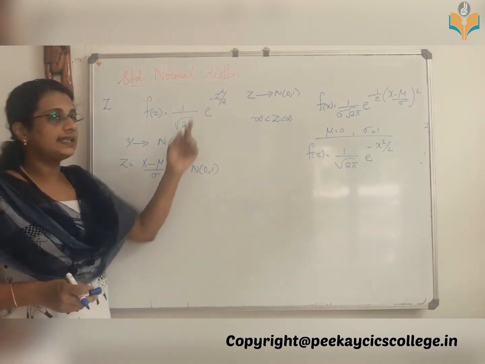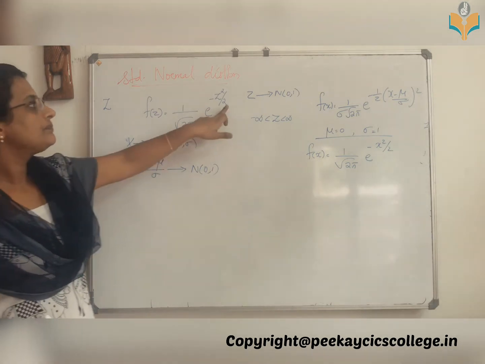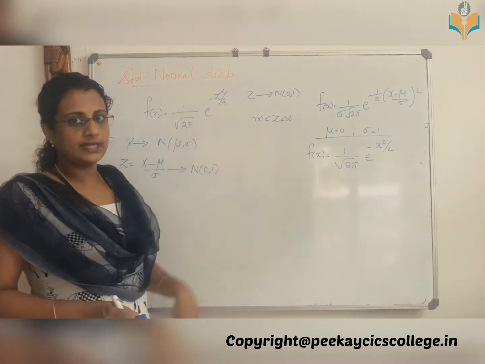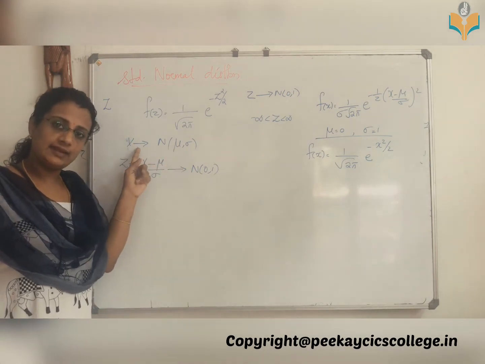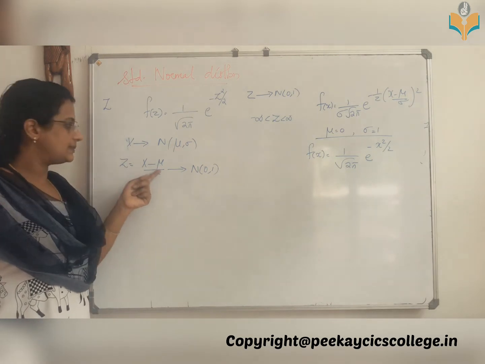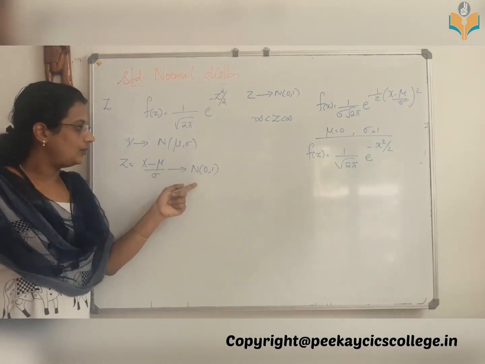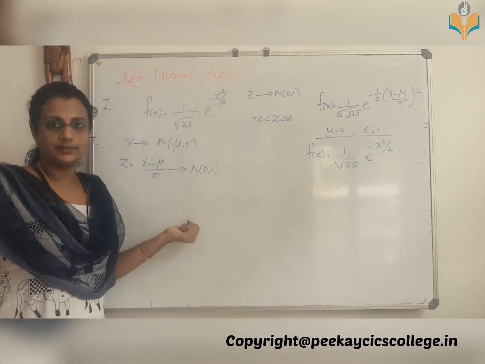And here we say that the random variable is said to follow a standard normal distribution, and we write it as z follows N(0,1). If x follows N(mu, sigma), that is x is a random variable which follows a normal distribution, then z equal to (x minus mu) by sigma follows N(0,1), that is z follows the standard normal distribution.